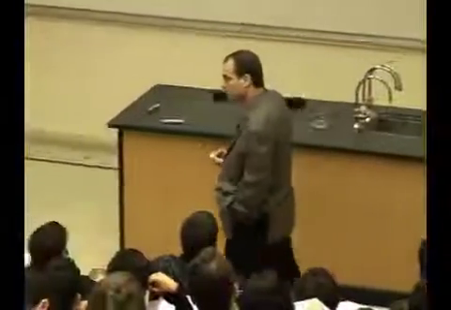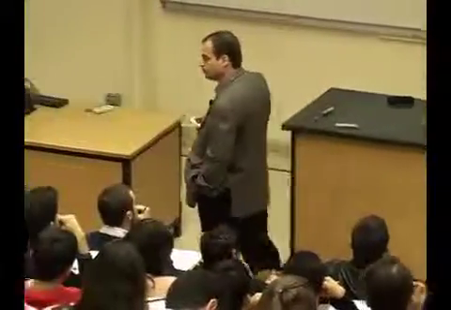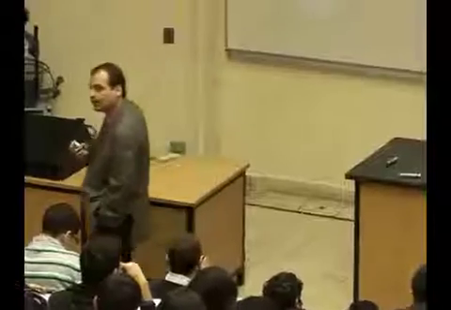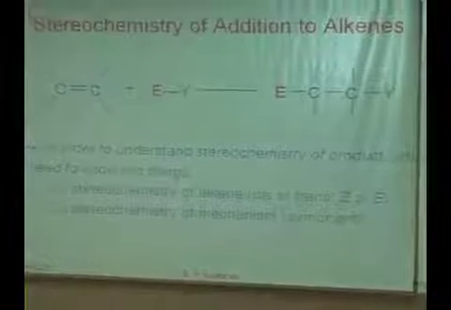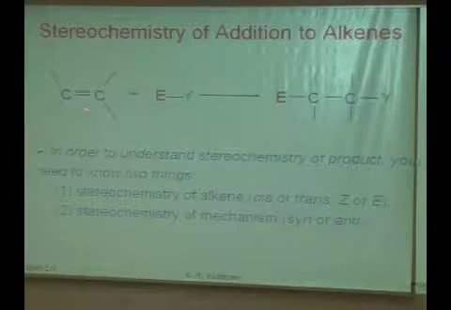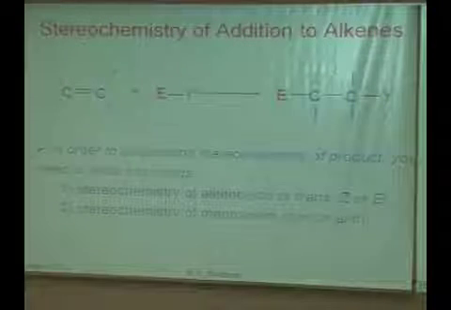We're going to learn that if you have a C double bond C and you react it with E-Y, E stands for what's called an electrophile and Y for a nucleophile. And basically what we will learn is that you will put the E on one carbon and the Y on the other carbon.